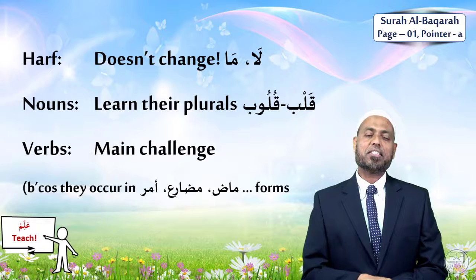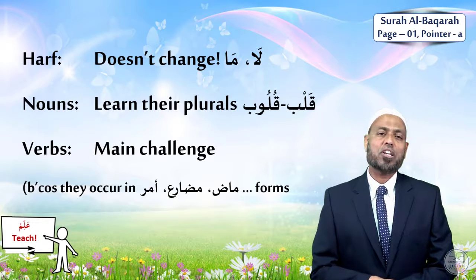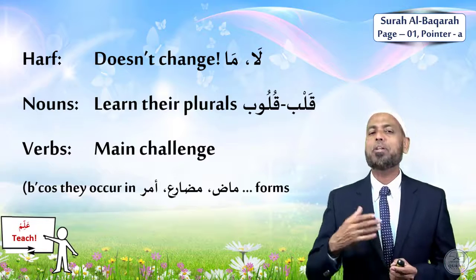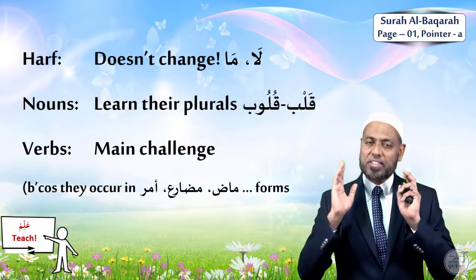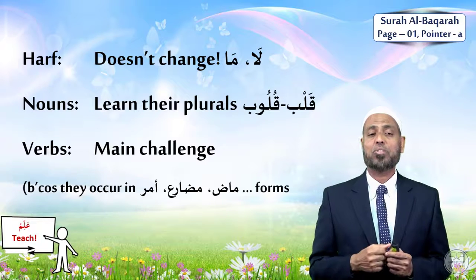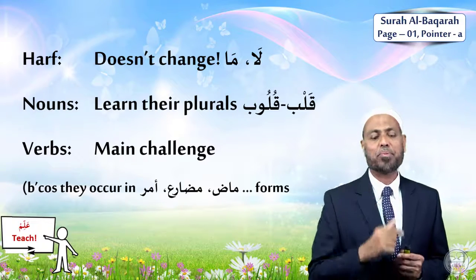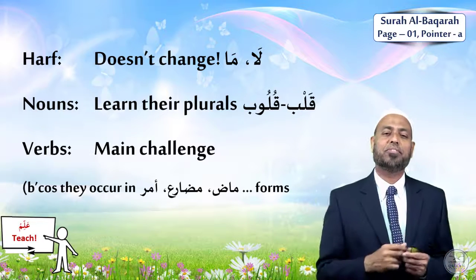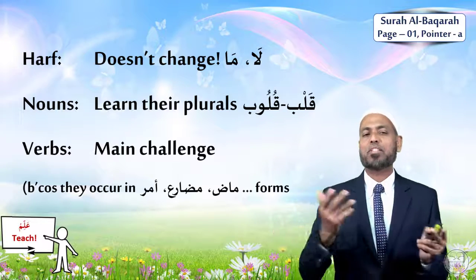The interesting thing is, as far as harf is concerned, you don't have to learn much because they don't change. For example, ma, la, it will stay as it is. In case of nouns, you just have to learn their plurals. For example, qalb, plural is qulub. Nafs, plural is nufus.